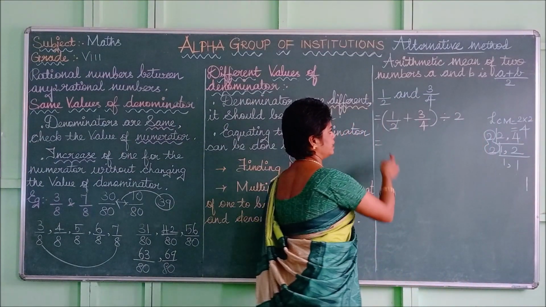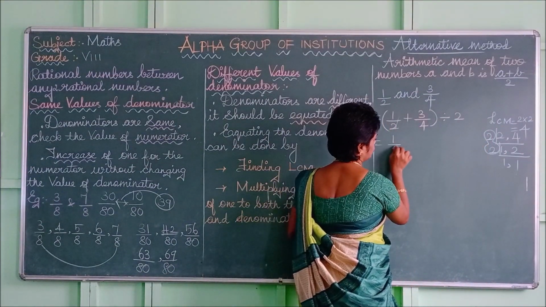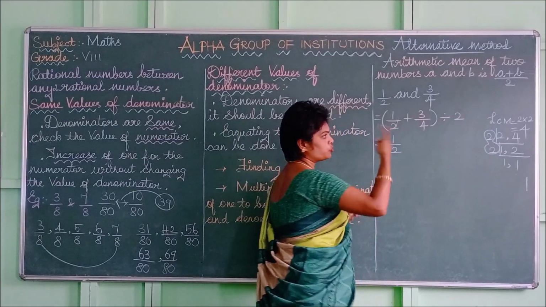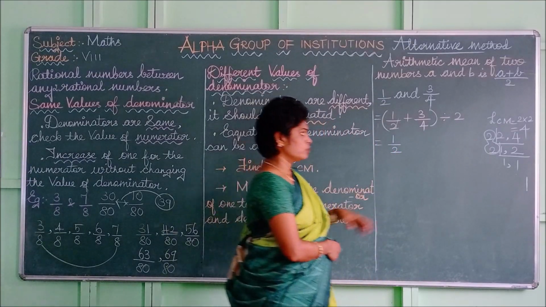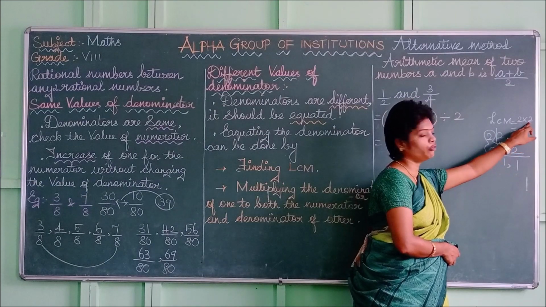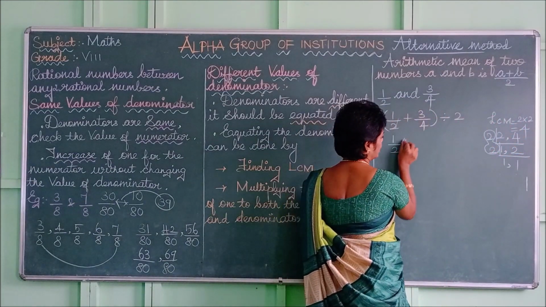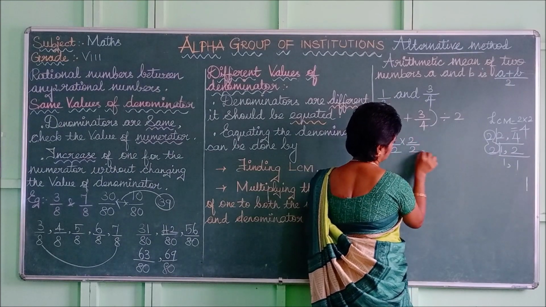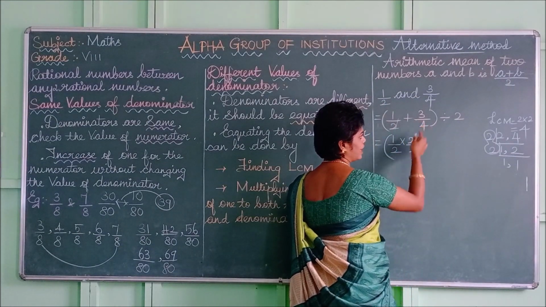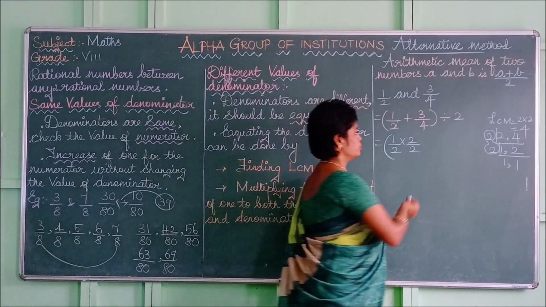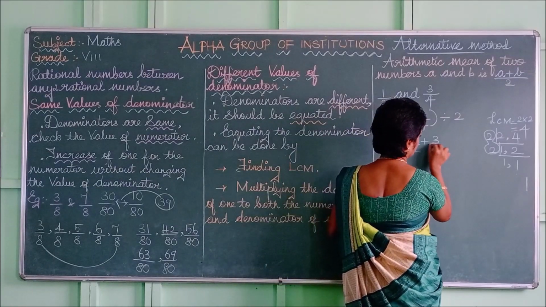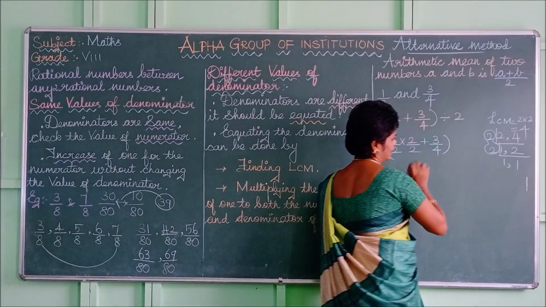So you can write that 1 by 2. When this 2 changes into 4, multiply the value with 2. So multiply both numerator and denominator with 2. Here the value is 4 already, so 3 by 4 can be written as it is.